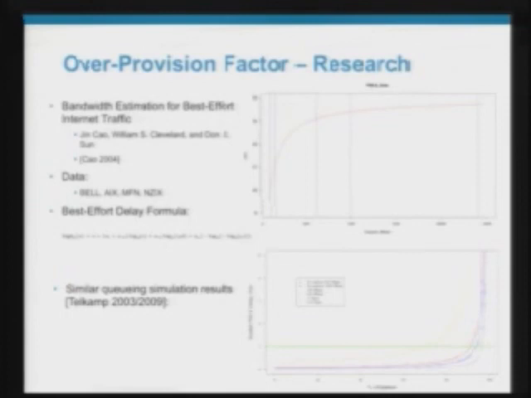I'm not sure, but in the lower plot you can see that all the three lines at the bottom, the knee of the plot is around 85%. That's OC12, 1 gig and OC48 links at the bottom. The bottom one is based on actual packet captures simulated through a queue, and the top one is a theoretical analysis.